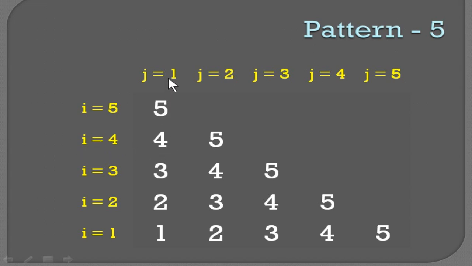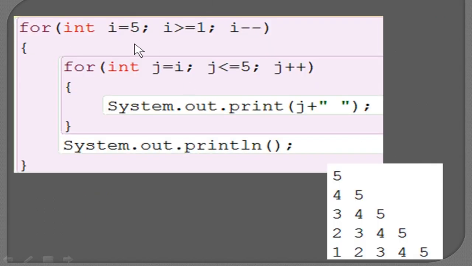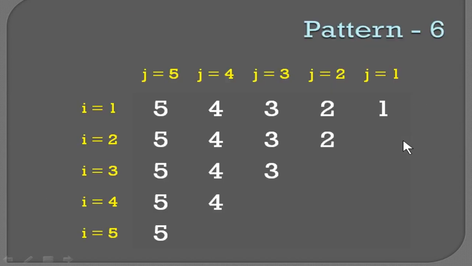So start the j value with i and end it with 5. So this is the program. You can see the outer loop is starting with 5, greater than or equal to 1, i minus minus, and the inner loop starts with i and is increasing, ending with 5. So you will get this pattern.